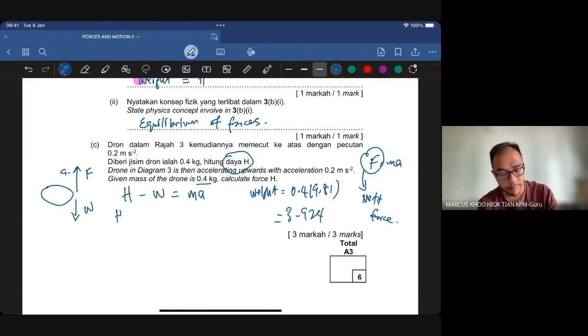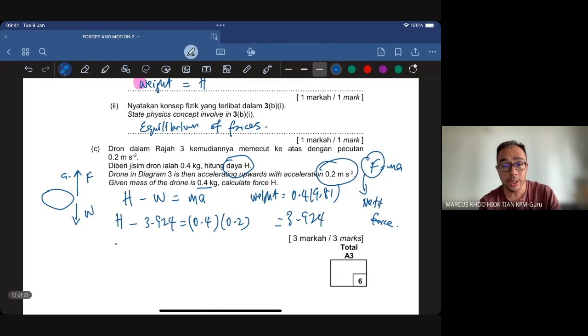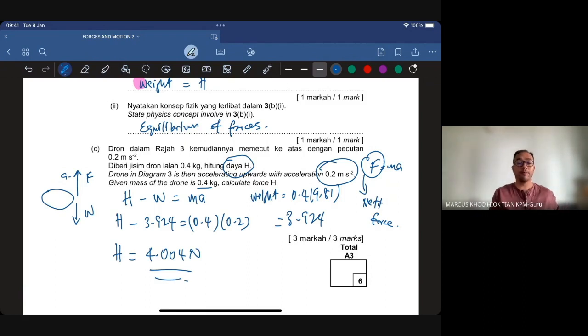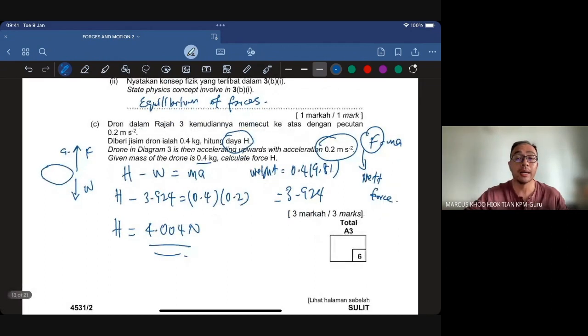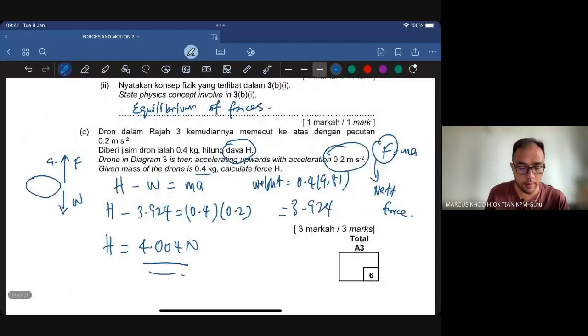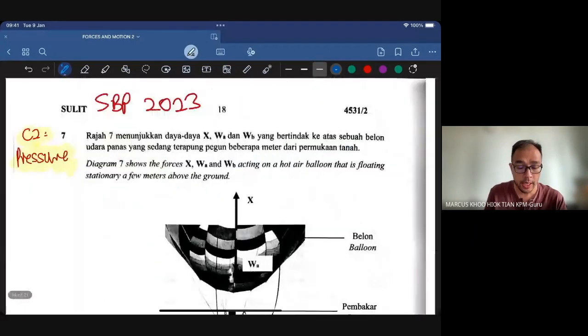So H minus 3.924 equals the mass of the drone, 0.4, times the acceleration, which is 0.2. You calculate this and you get H equals 4.004 newtons. It's a pretty simple calculation, as long as you know the concept of equilibrium of forces. Sorry, lift force.